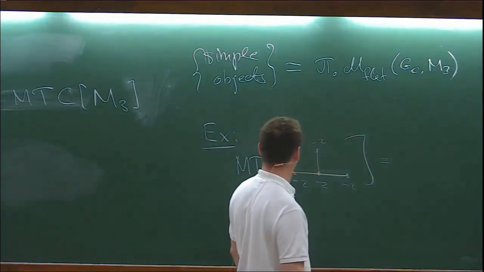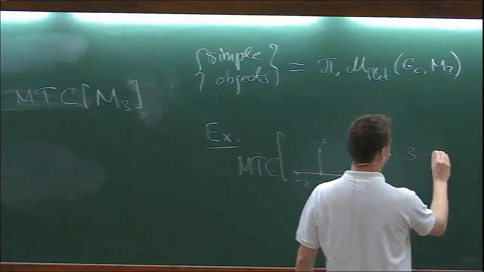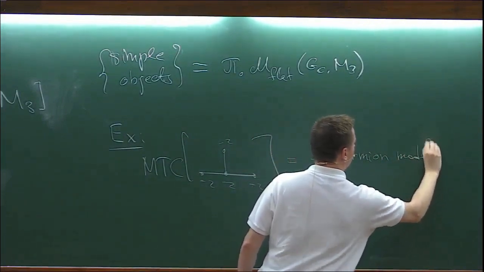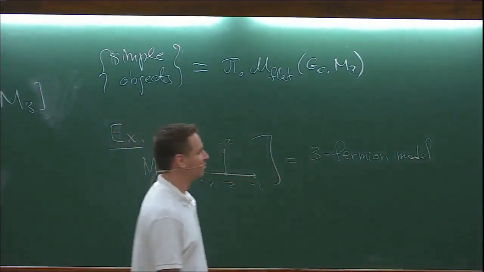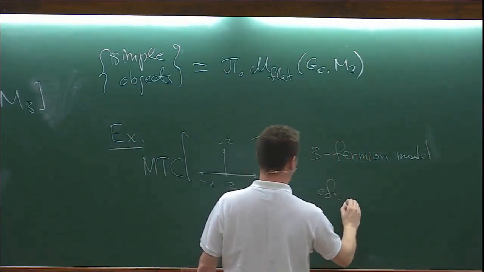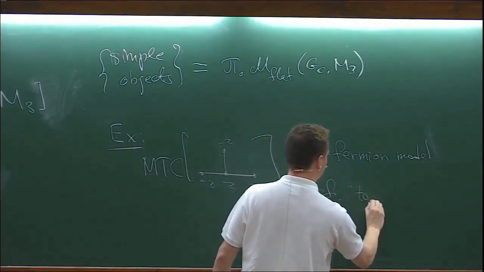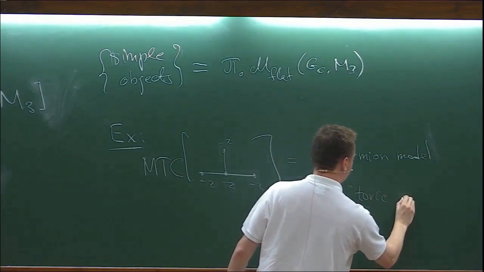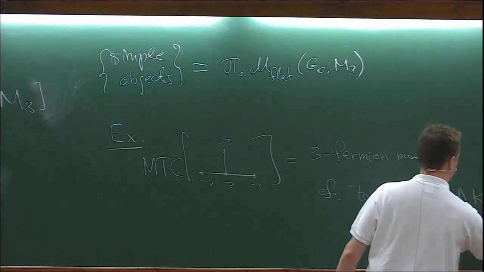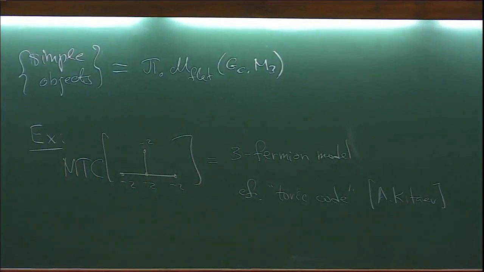Then this is going to be the MTC associated to a very interesting model, the so-called 3-fermion model in the literature on symmetry-protected topological phases. So this is a close cousin, or small variation, on the more familiar toric code model of Alexei Kitaev. Okay. So that's an example.